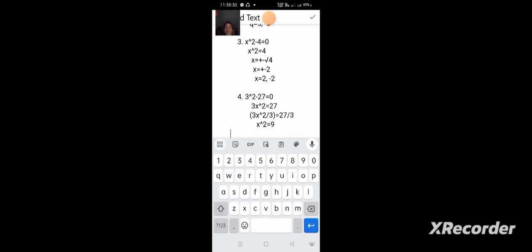divided by 3. So you will now have, canceling out 3 on the left side, the equation becomes x raised to 2 is equal, so 27 divided by 3 is 9. Then extract the square root to both sides of the equation. The equation becomes x is equal to plus minus the square root of 9.